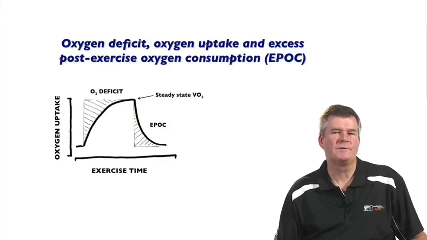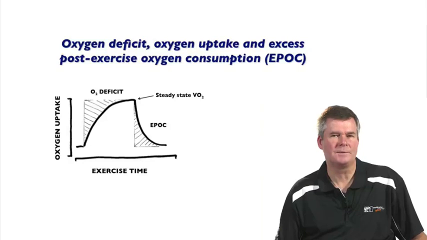Initially, this period was referred to as the oxygen debt, and you'll see that term in many textbooks to this day. More recently, the preferred term is excess post-exercise oxygen consumption, which really summarizes what's going on rather than ascribing any mechanism to the increased oxygen consumption.